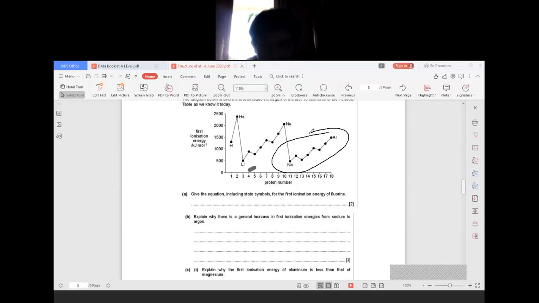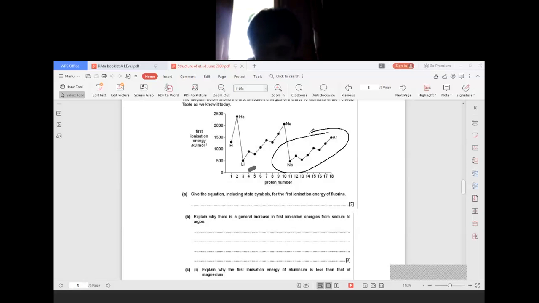It's written in the subtitle of our textbook: shielding by inner electrons. It means that the inner electron shells can make a shield on the outermost electron shell.